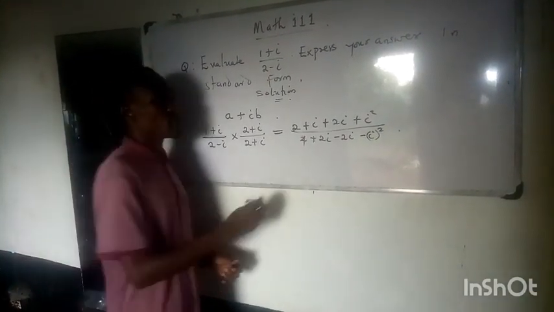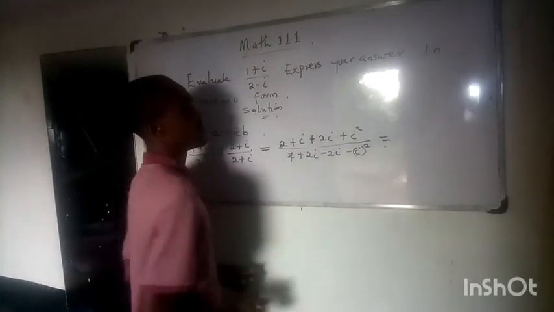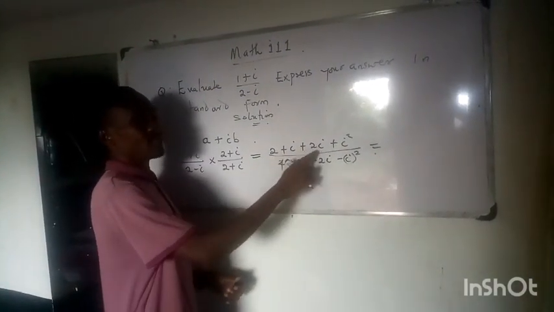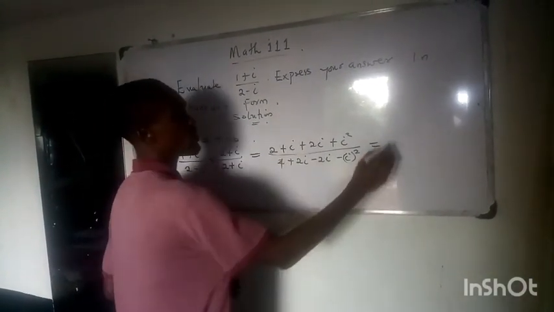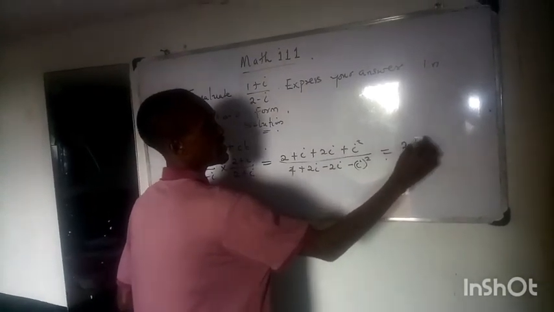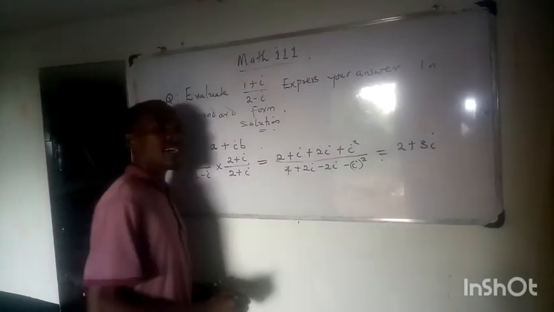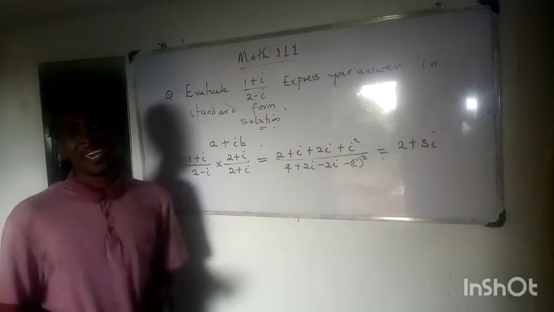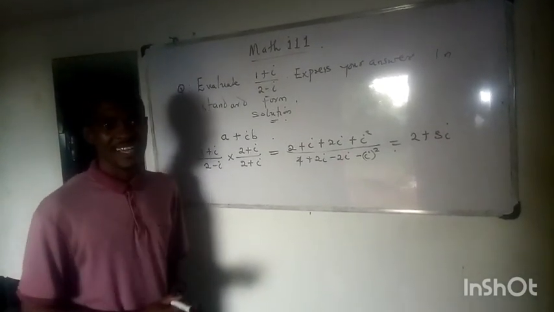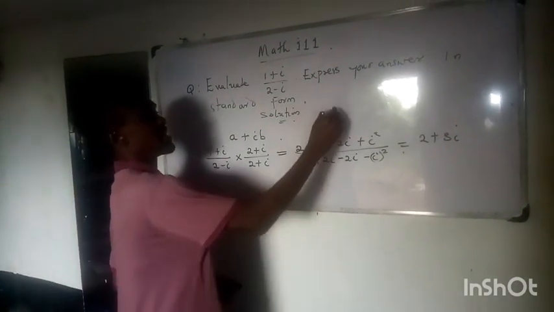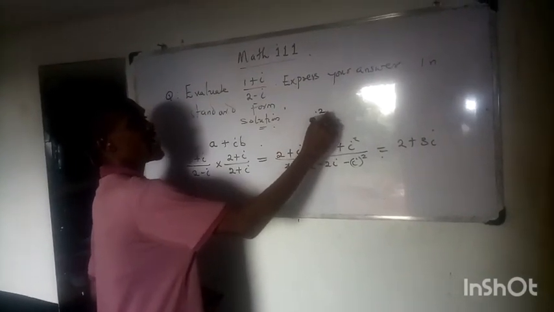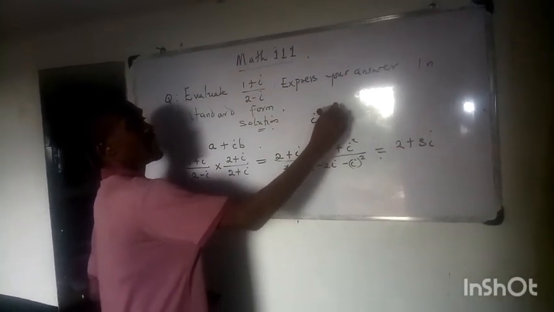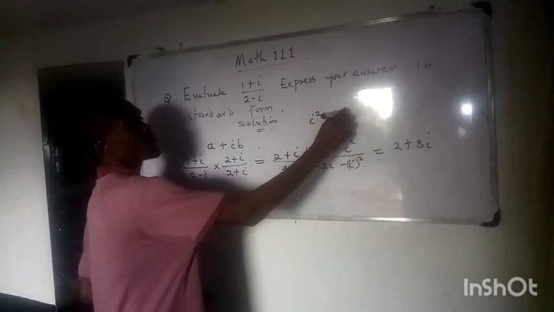Okay, now we proceed. i plus 2i gives us 3i. Now what about i squared? It is known in complex numbers that i squared is simply minus 1.